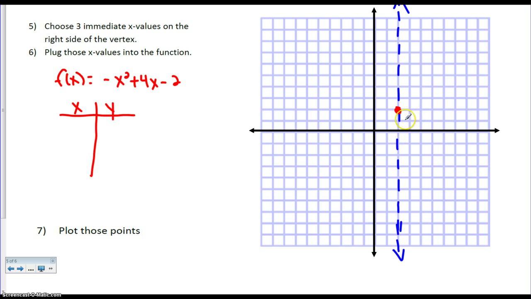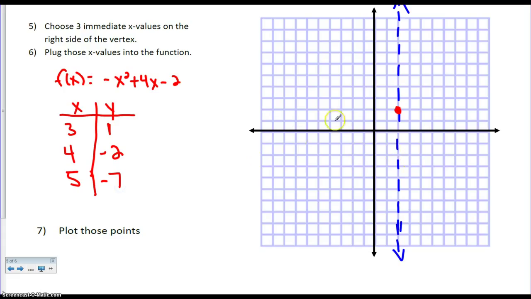Okay? Immediate x values after it. So I'm going to plug in 3, because that's to the right of it, 4, and 5 into this equation. Okay? I already found these values, so I'm just going to tell you guys what they were. When I plug 3 into this, you should get 1. When you plug 4 in, you get negative 2. And when you plug 5 in, you get negative 7.